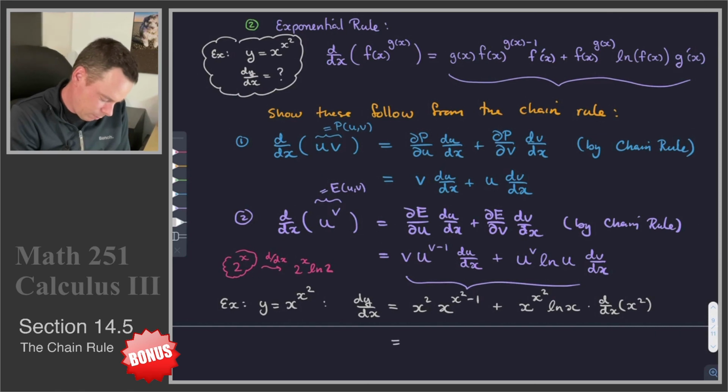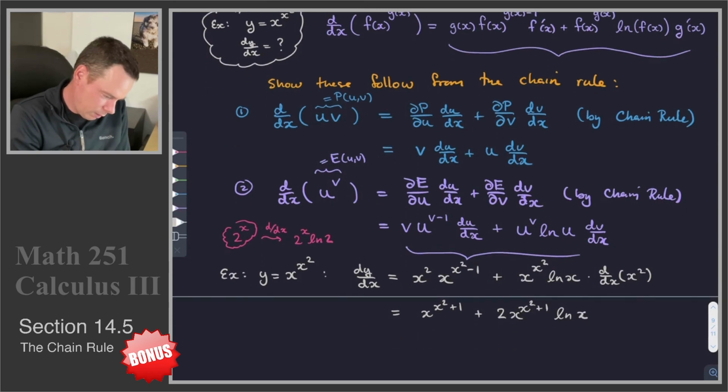This is going to be x to the x squared plus 1 plus, and then the derivative of x squared is 2x, so that would be 2x to the x squared plus 1 ln of x.